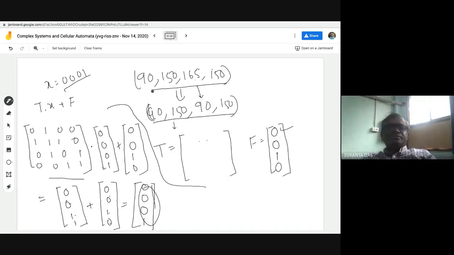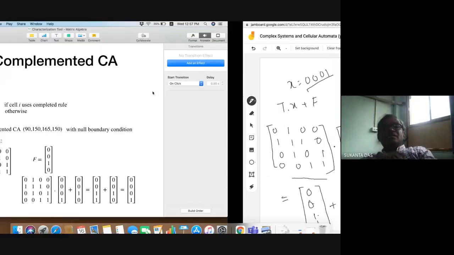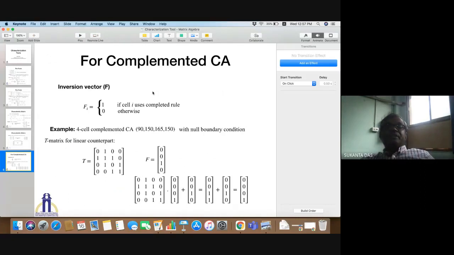I hope we'll prove this theorem in coming classes. So matrix algebra for linear CA is a good characterization tool, and it can be extended to this class of CA. That's all.